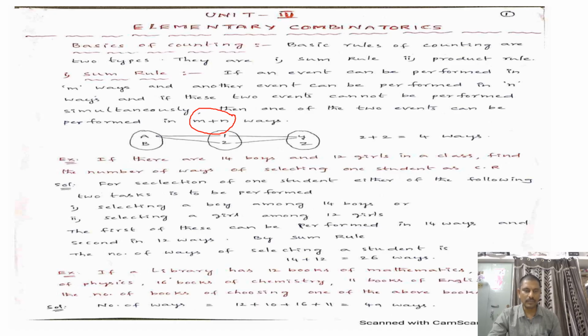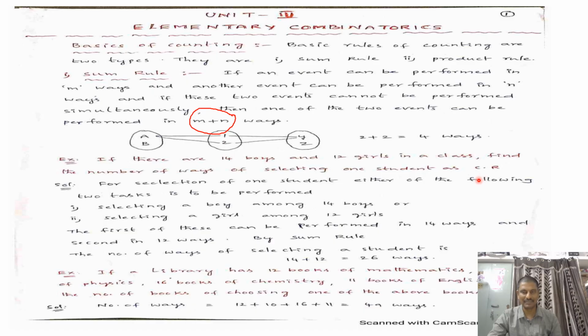Right. Now coming to the example. Assume that there are 14 boys and 12 girls in a class. Find the number of ways of selecting one student as class representative, CR.